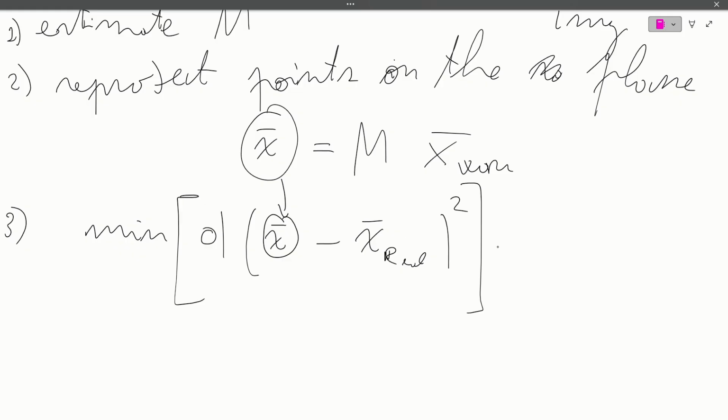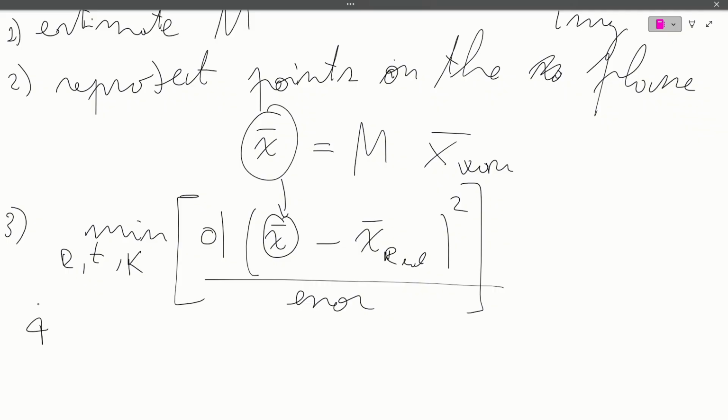We can try to minimize this reprojection error. This is the error that we are committing. We can minimize it by changing the parameters of R, of T, and all the matrix K.